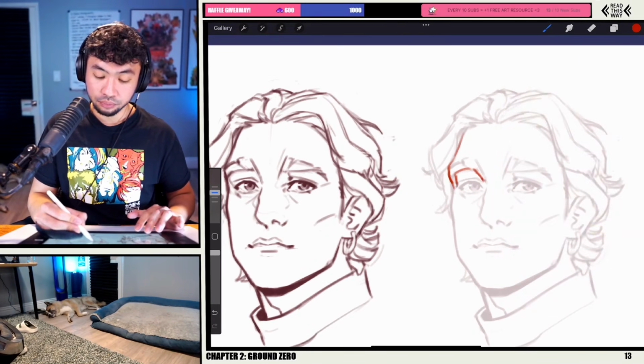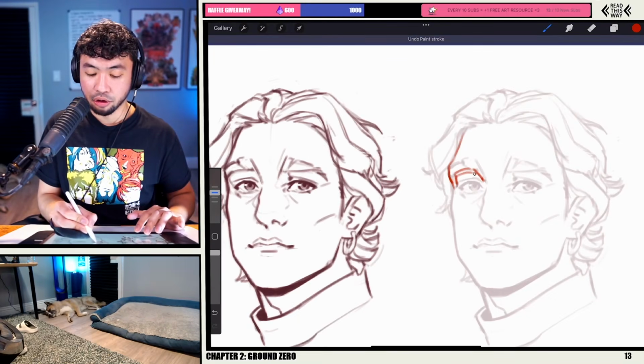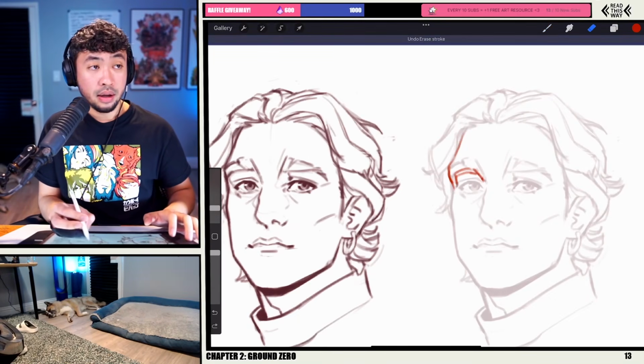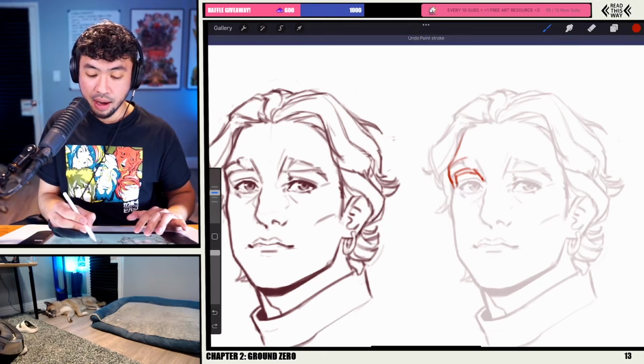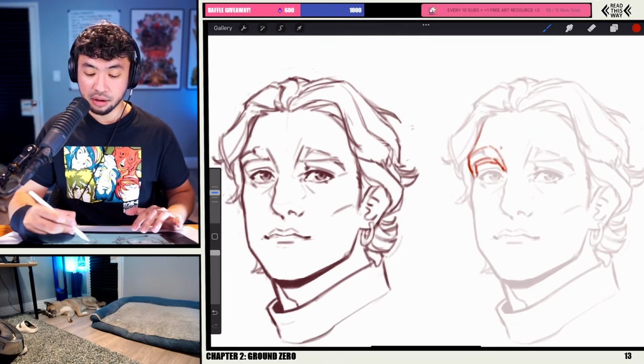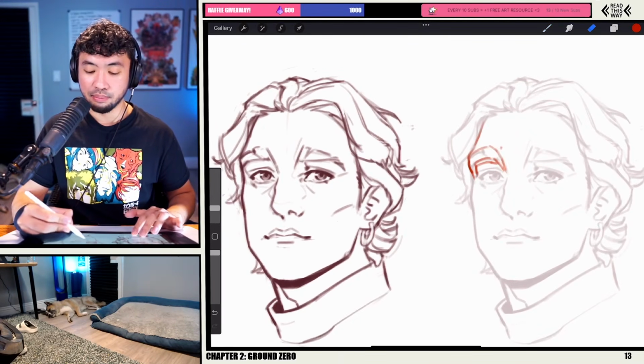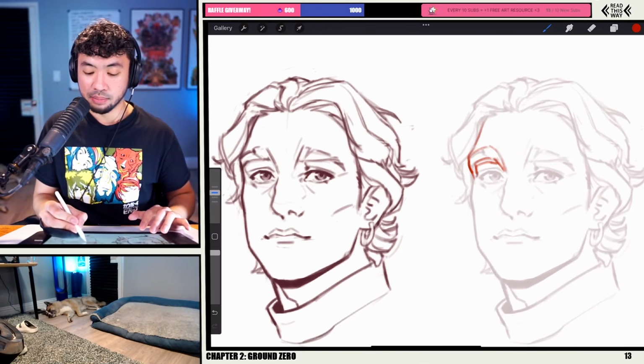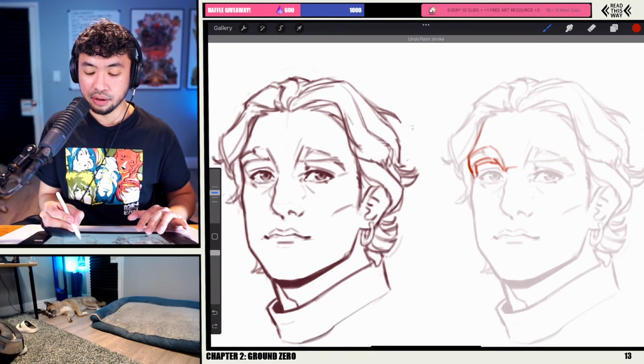And this actually goes on a little bit lower here. Yeah, so let's go ahead and do that, and I'll just talk to you guys a bit about that. The reason why this is important is because if you can understand the brow ridge, this is one of the key components that really differentiate characters, whether it's a male character, female character, ethnically, all these types of things. And there's so many different types, right?